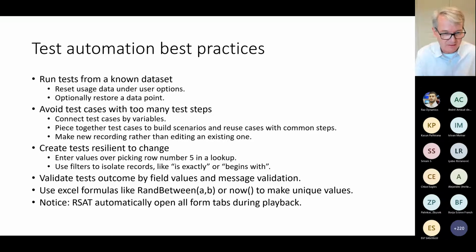Then the test would break. So instead, consider entering values or using filters as part of your recordings to isolate records, to make sure you're selecting the data that you indeed intend.